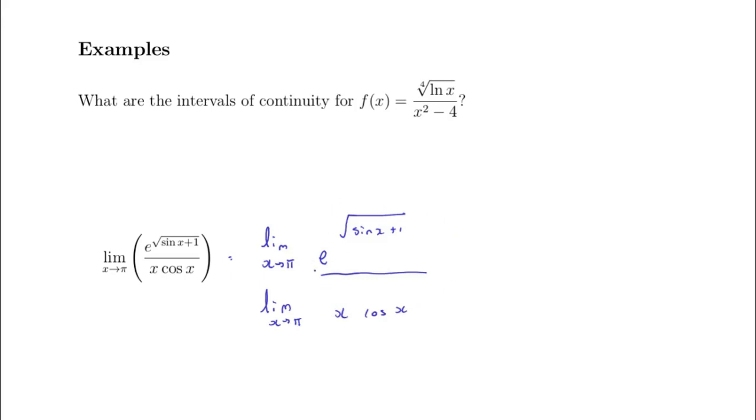And what we'll say is that the exponential function is continuous everywhere. So whatever this is in the exponent, as long as it's a real number, we can scoot this limit up on the inside. Meaning we've got e raised to the limit as x approaches pi of the square root of sine of x plus 1.